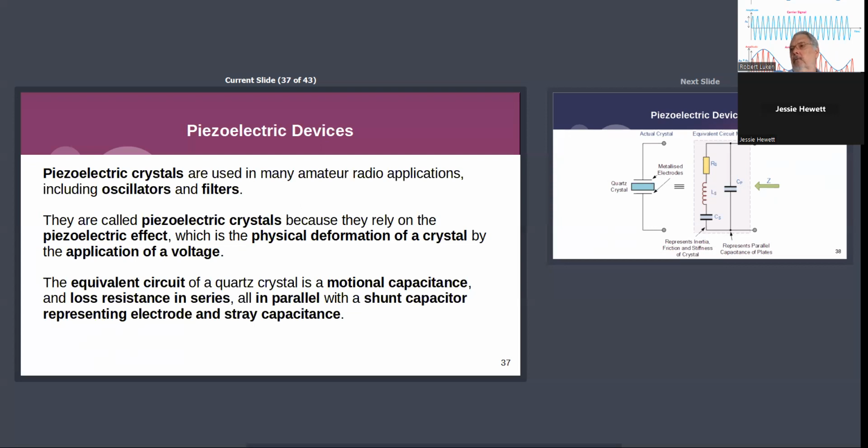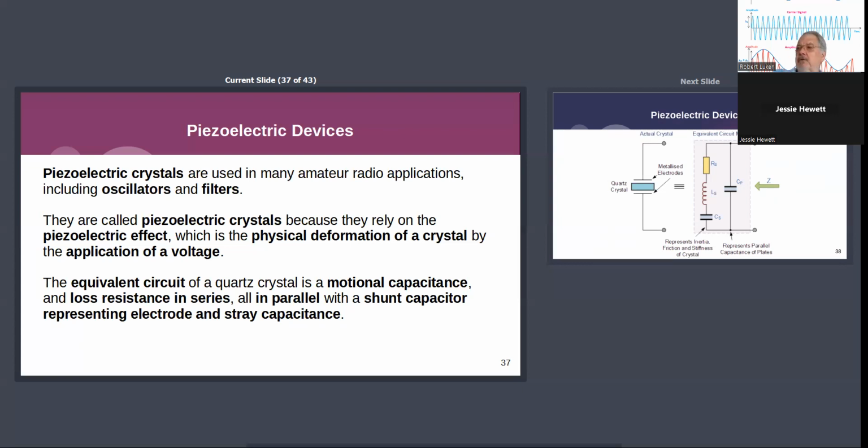Kind of like an inductor with stray capacitance, it has a self-resonant frequency. If you apply an AC voltage at that frequency, it'll act just like a tuned LC circuit and resonate, if you put in enough energy, just like the tuned circuit, to overcome the loss, because there's some internal resistance from it vibrating.